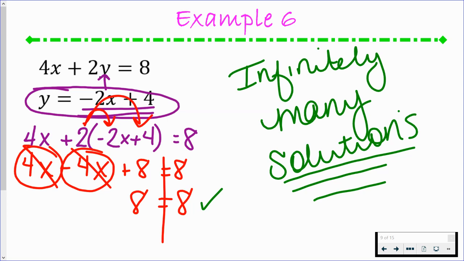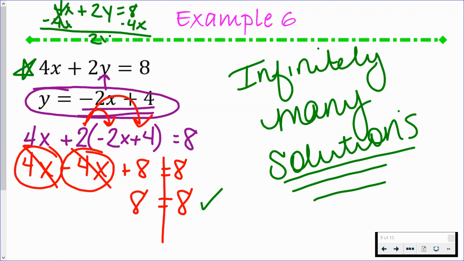Okay. And again, if you were to just look at this first equation and move it into slope-intercept form, which I could do, I would subtract my 4x. Now I'm left with 2y equals negative 4x plus 8. I divide every single term by 2.